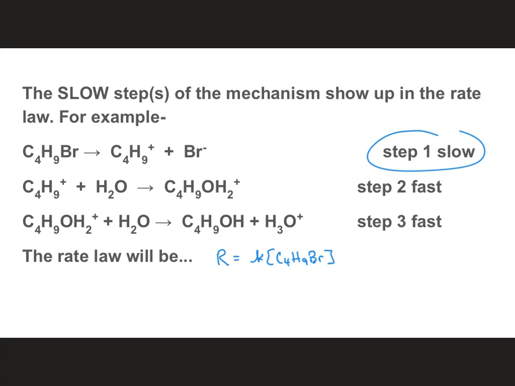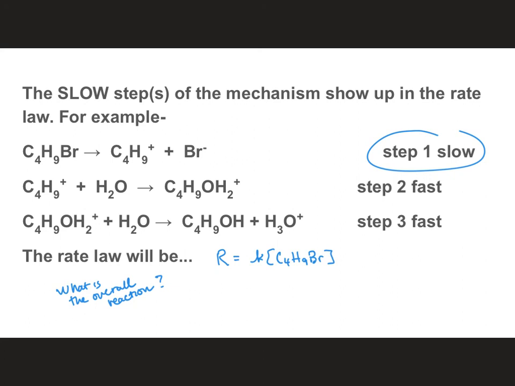Now, one last thing before we end. What is the overall reaction for this process? So pause the video, see if you can identify any intermediates, things that form and then are consumed, and then cancel those out and see if you can write the overall equation.